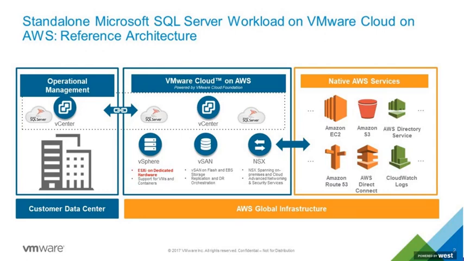Looking at the reference architecture, you can see that moving SQL Server workload to VMware Cloud on AWS provides you with a way to connect your on-premises data center with your VMware Cloud on AWS, forming a hybrid structure where your SQL Server workload can be simultaneously run on-premises and on VMware Cloud on AWS, consuming the same VCF infrastructure based on vSAN and NSX, as Drew already pointed out.